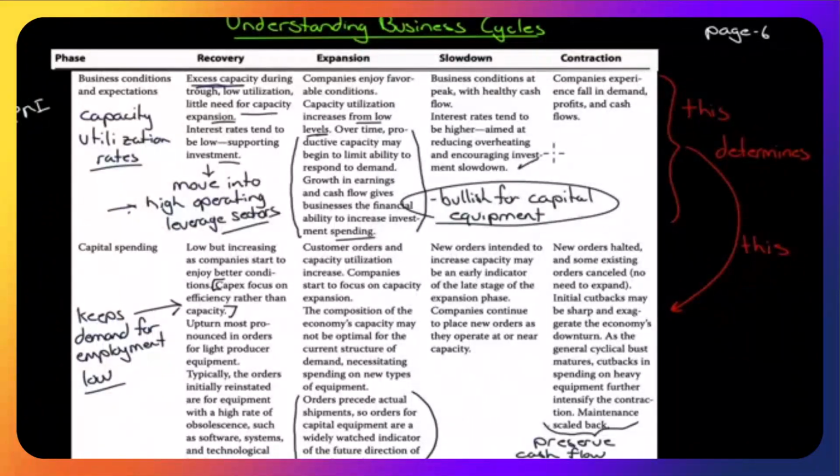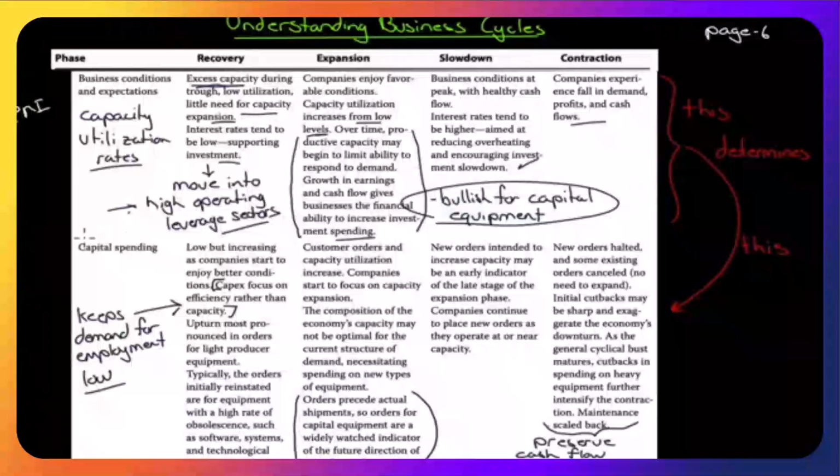The cost of capital, in many cases, even at the peak of a cycle, on an after-tax basis, is still very cheap compared to the return they get on their equity, their ROE. So it's not that higher rates are a real drag on investment spending, but business conditions are the real drag on investment spending. And then contraction: companies experience a fall in demand, profits, and cash flow.